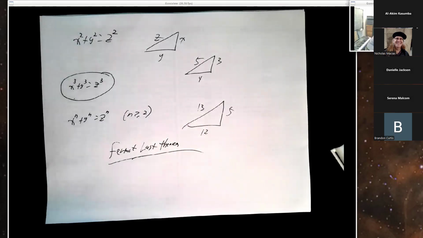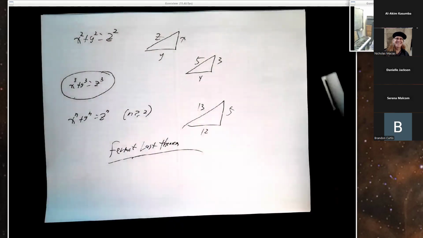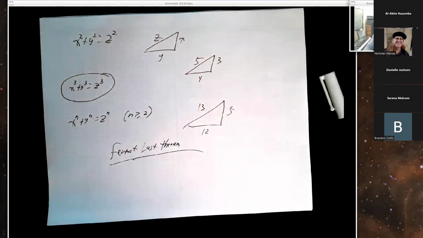And he probably had a proof in his mind that made sense, but would have fallen apart if he'd actually written it out and dug into it. But this is sort of the quintessential problem of number theory that is so easy to state, but frightfully difficult to prove, but was finally proven in the negative that there is no such solution.